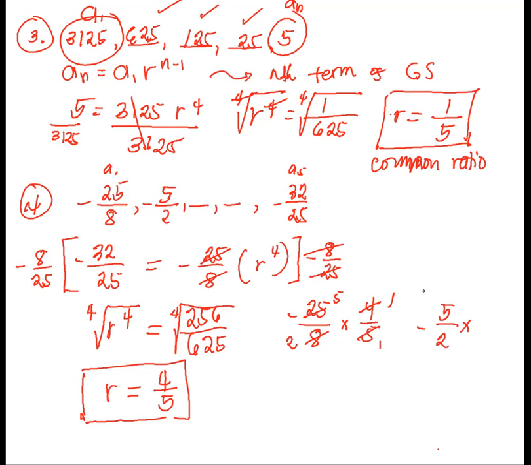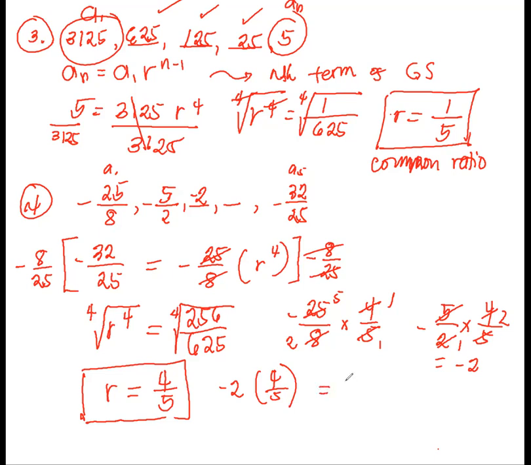Next. So negative 5 halves times 4 divided by 5. Cancel. This is 2. This is 1. So we have negative 2. Next, negative 2 times 4 divided by 5.